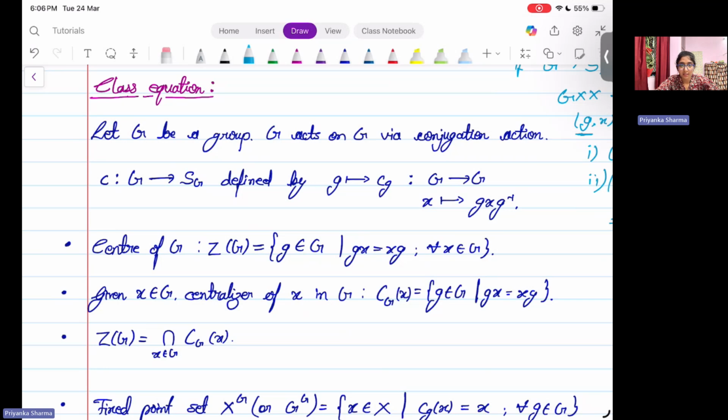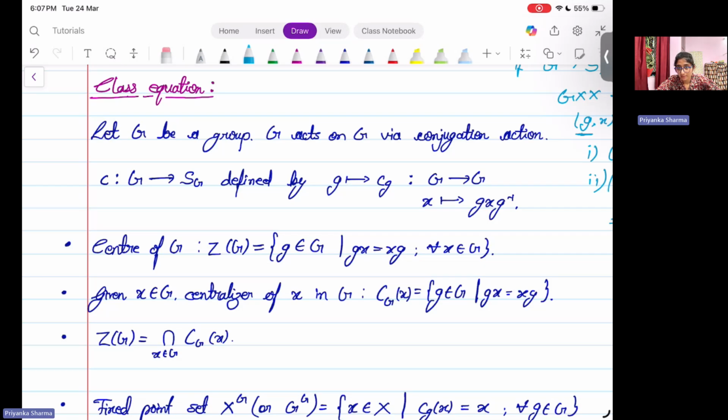We denote it by C, from G to S_G, defined by g mapped onto C_g, where C_g is a bijection from G to G which maps every element x in G to gxg inverse, where g is the element used to define the action.